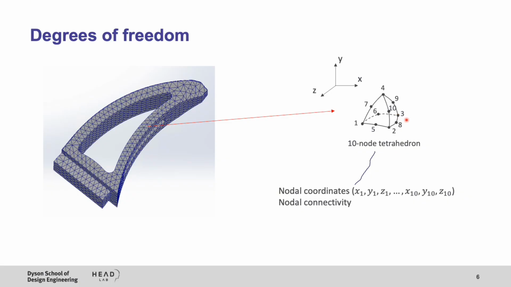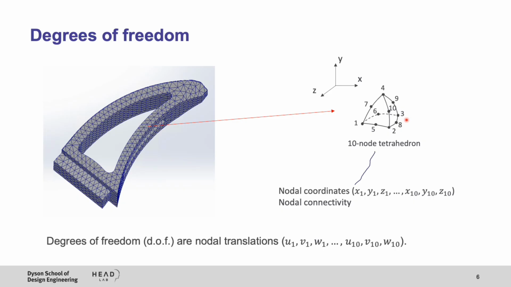The degrees of freedom of a solid element in the context of mechanics are nodal translations in x, y, and z direction. For instance, here for this element that I have shown here, each node has 3 translations in x, y, and z, like u1, v1, and w1 for node 1. And this element, the whole element, has 3 times 10 equals 30 degrees of freedom.